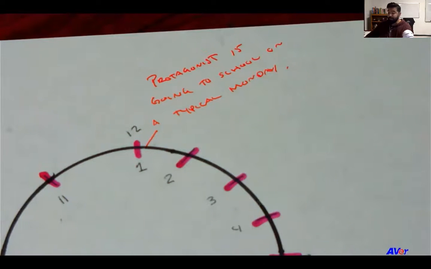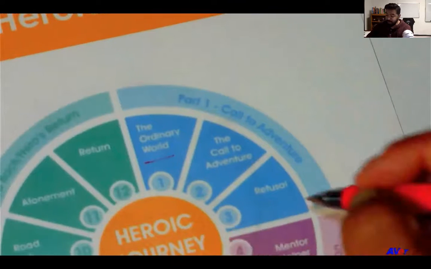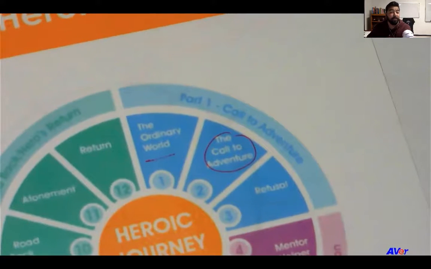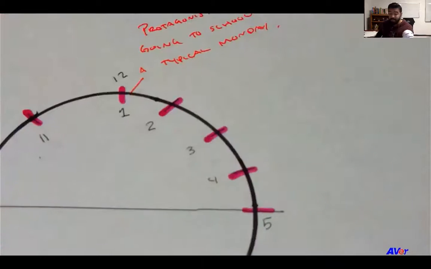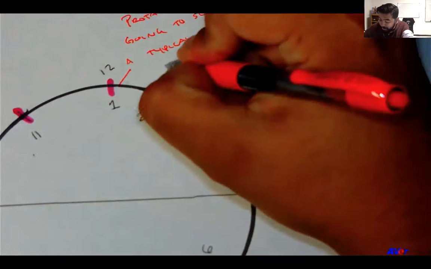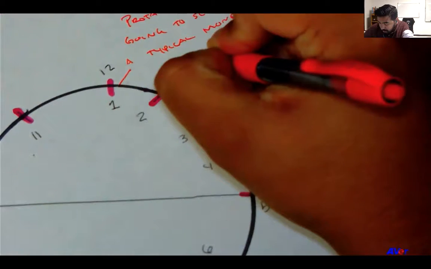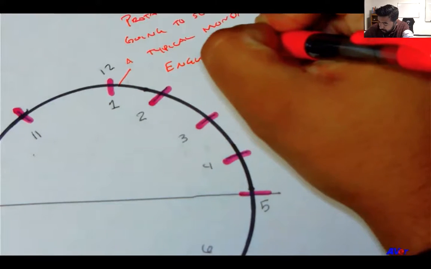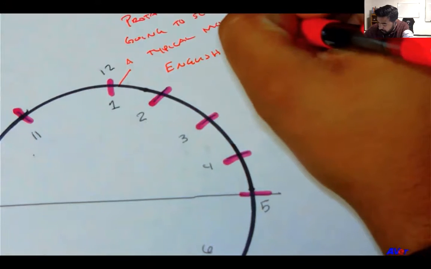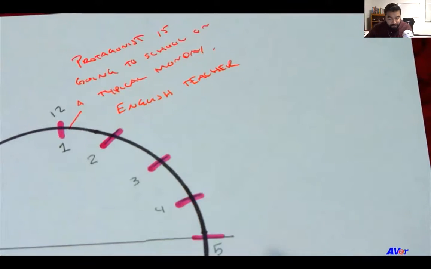Step 2, call to adventure. This is something that makes the hero, the protagonist, have to go do a thing that they probably don't want to do. In this case, this is my English teacher. So you're copying, there we go.